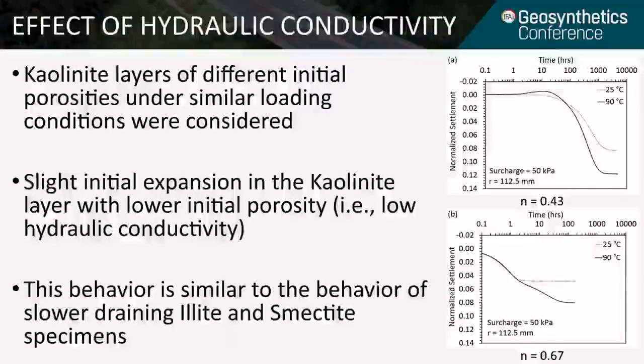We observed a slight initial expansion in the clay layer with the low initial porosity, which means that it would also have lower hydraulic conductivity compared to the clay layer with higher initial porosity. This is similar to the observations we made with illite and smectite at 0.5 initial porosity, which also had low hydraulic conductivity.